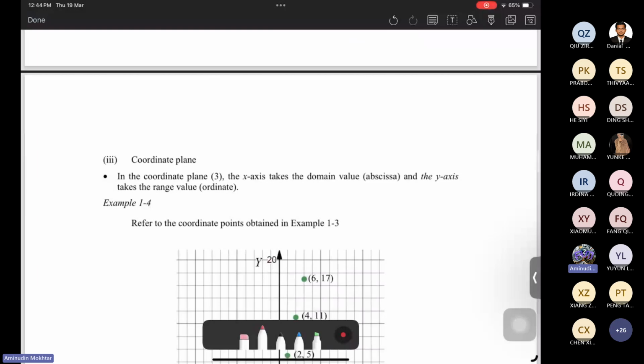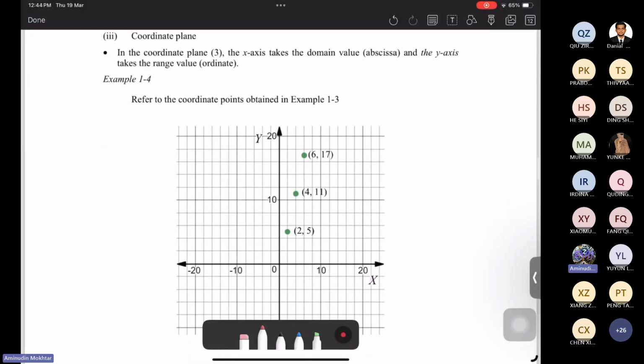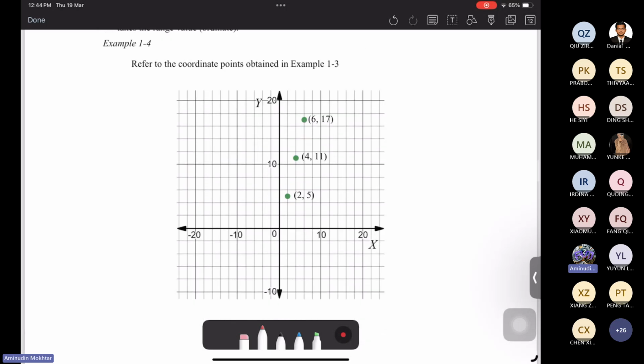The next one, we can plot the coordinate points between x and y. There is a standard form in mathematics. When we want to draw the line, we need an x-axis.